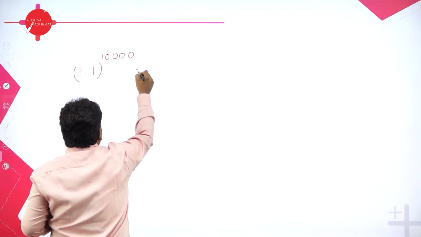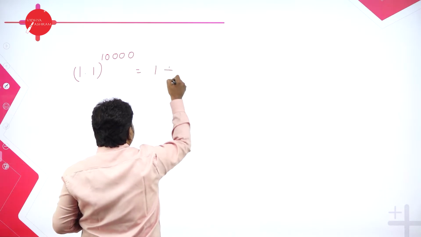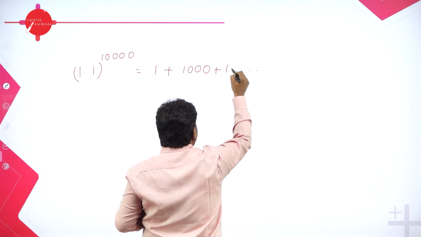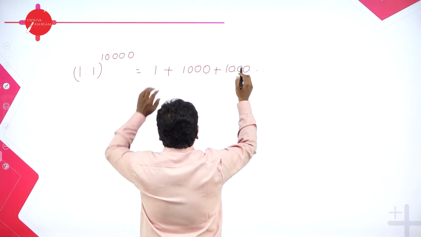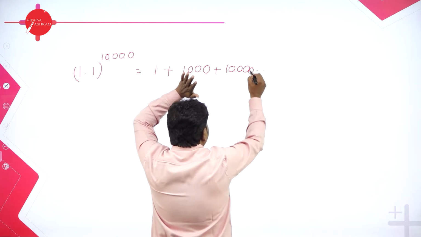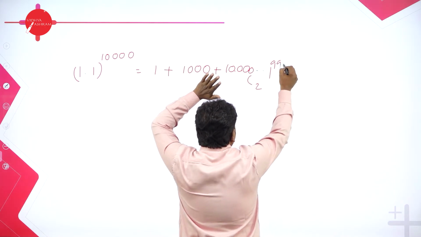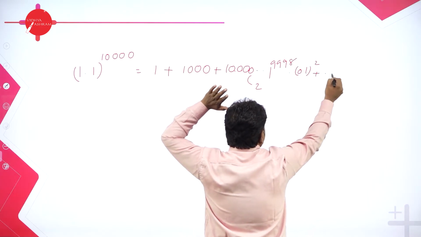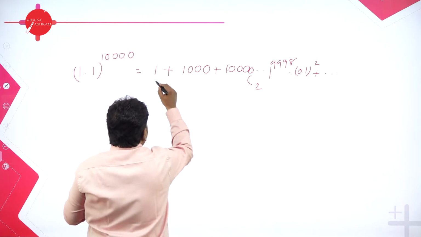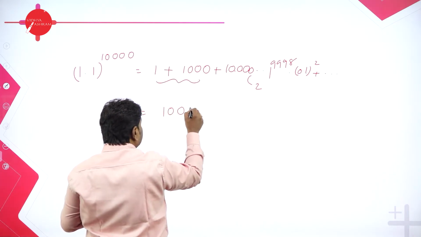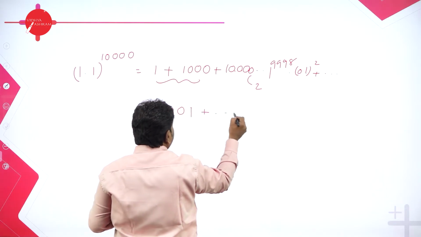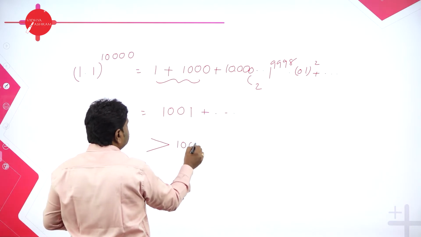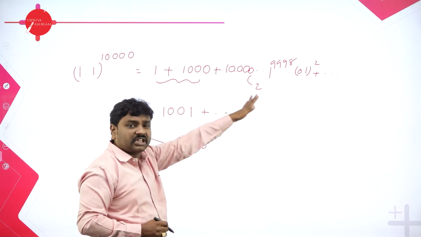When I expand, I am getting 1 plus 1000 plus so on, plus 10,000 C2, 1 power 9998 into 0.1 square, so on. But this will be 1001. If I add 1001 plus so on, can I say this is greater than 1000? This number 1001 plus something is more than 1000.